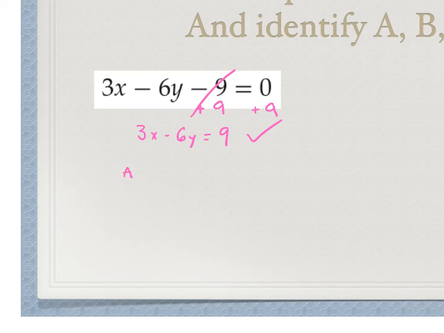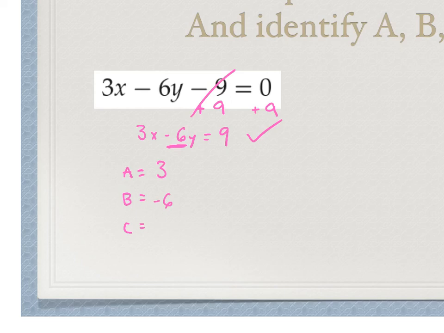And what's our a, b, and c? What's our a? 3. Awesome. What's our b? Our b would be negative 6 since it's minus 6. So our b is negative 6.